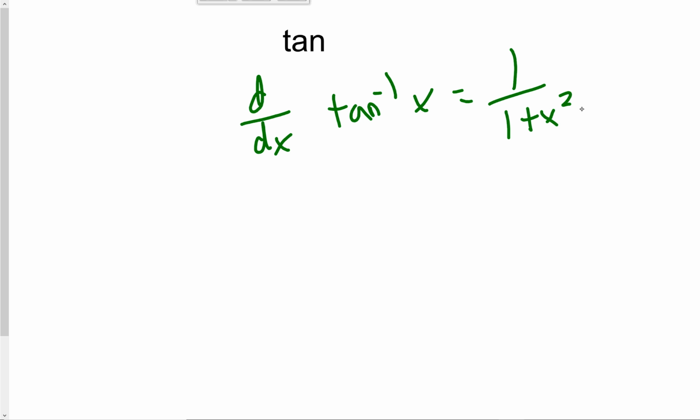I don't really want to go into the detail, and you can find all the rest on page 457. You can find all the other derivatives of the inverse functions, all 6 of them, on that page. But if you have any questions on the derivatives, just let me know.